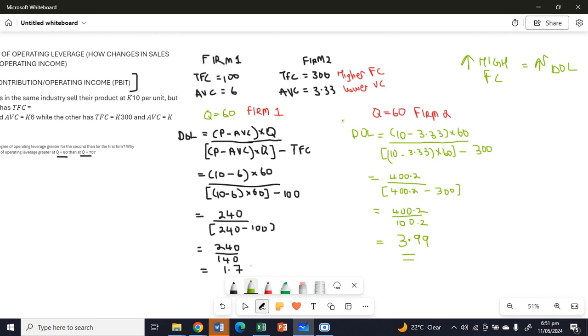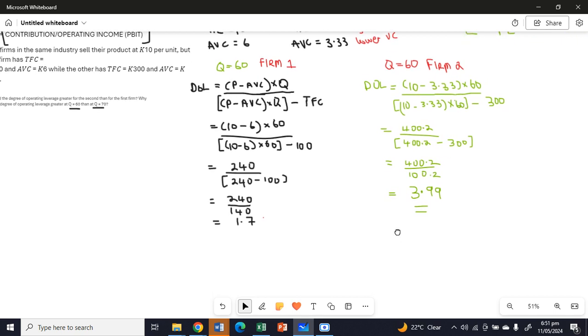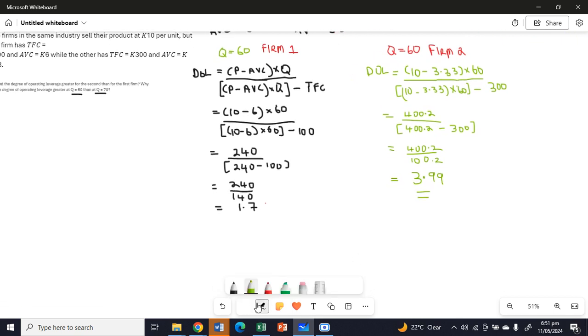If one goes down, the other goes down. That's what I need you to remember here. So now let's see when we increase the quantity for firm 1 and firm 2, from 60 units to 70 units.